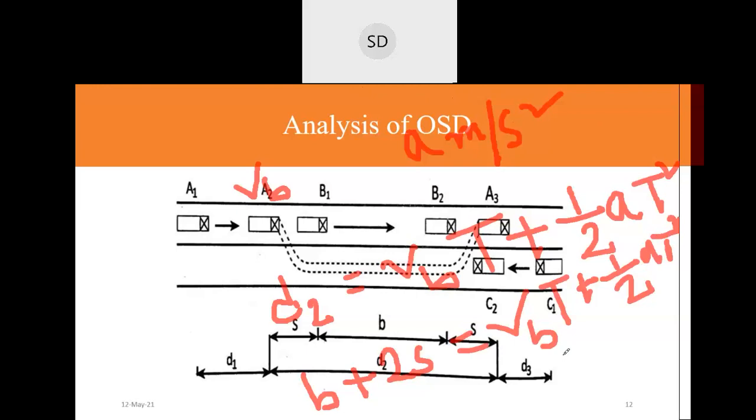Now another thing: B is the distance covered by vehicle B during that overtaking operation, or during that total time t second. So B is nothing but VB into t.